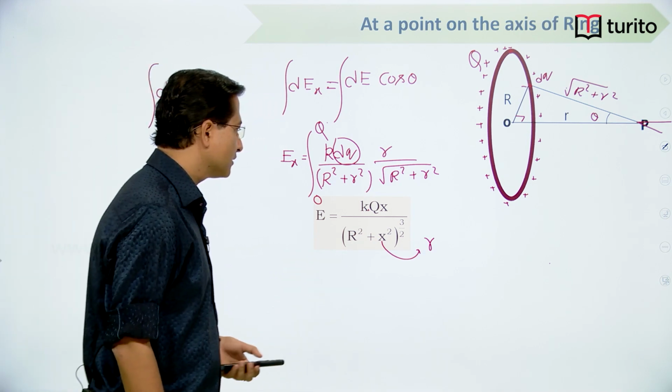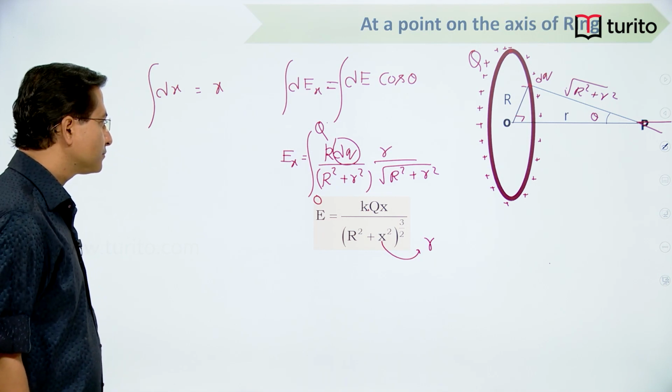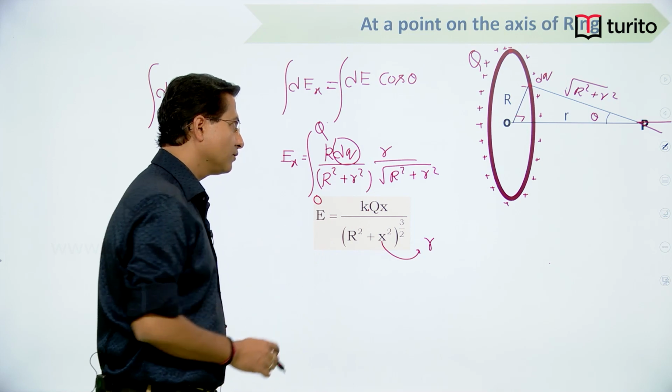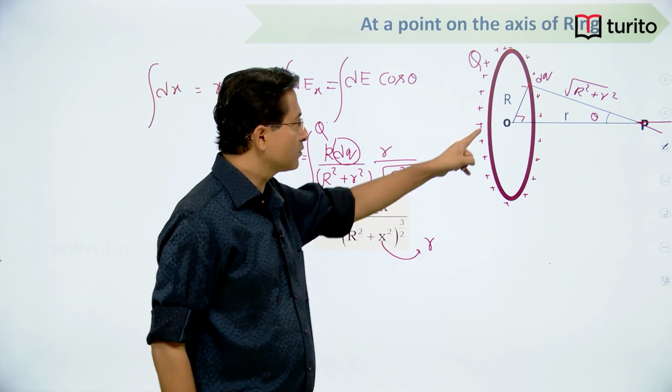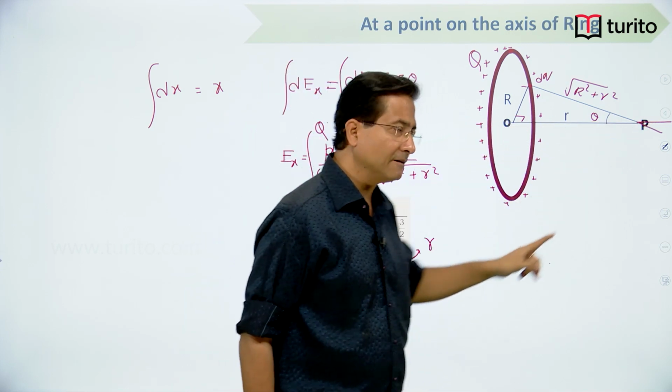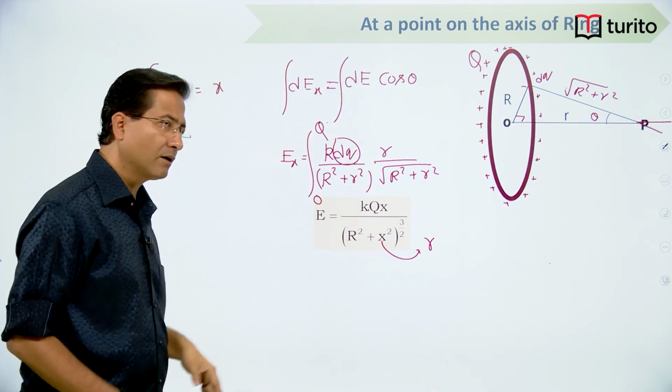Now, look at this function. At x is equal to 0, this value is 0. So, at x equal to 0, the value of the field is 0. As you go to infinity, take this x square out.